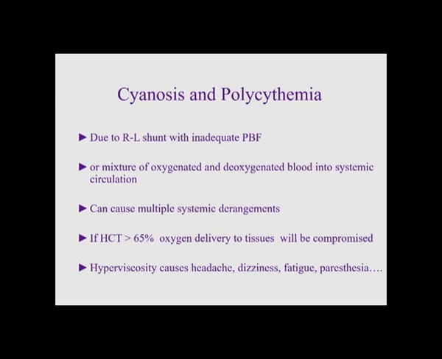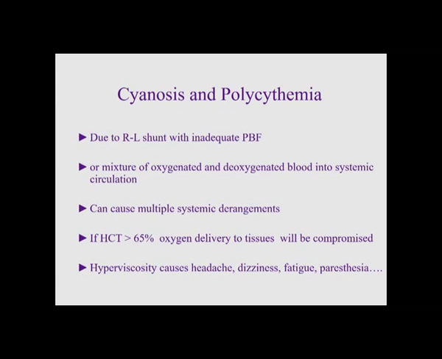Cyanosis is due to right to left shunt or to inadequate pulmonary blood flow, or the mixture of oxygenated and deoxygenated blood into the systemic circulation. And as was mentioned, it causes a lot of other organ damage. And if your hematocrit is over 65, your oxygen delivery will be compromised.